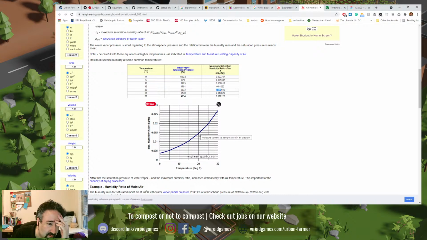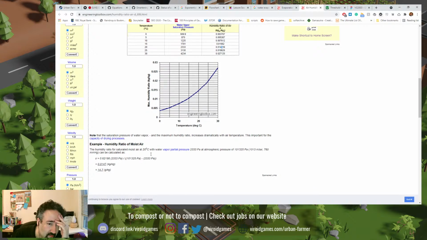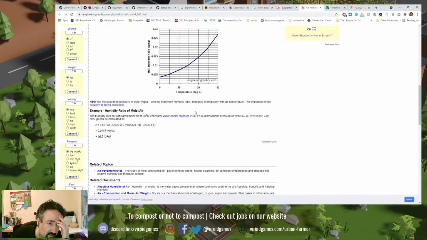This is almost another exponential equation. Here's the 14.7. And this ties into a different equation.